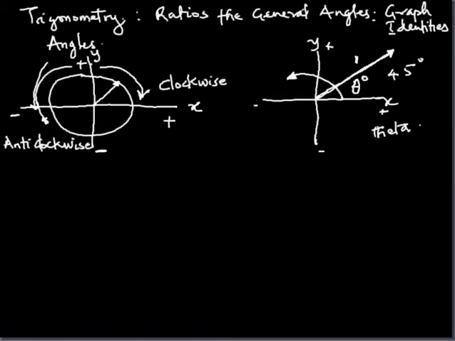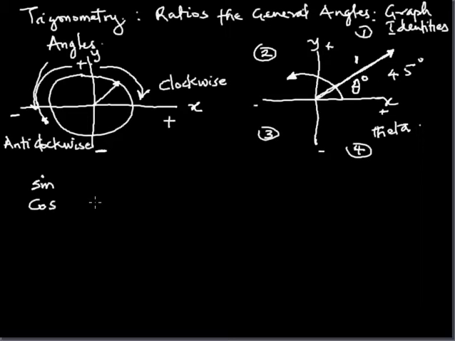And then also we have 4 quadrants. This is the first quadrant. This is the second quadrant. This is the third quadrant. And this is the fourth quadrant. Now, when we are talking about the three main trigonometry ratios, we have the sine, we have the cosine.